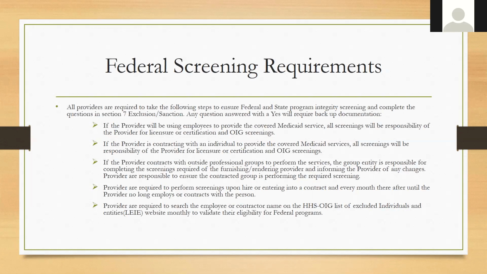And if any of those questions are answered with a yes, it is the responsibility of the provider to send in backup documentation regarding that. If you have not seen one of the applications, I suggest going onto the website. We have an instruction manual for enrollment, and you can actually go through and see what the questions are.